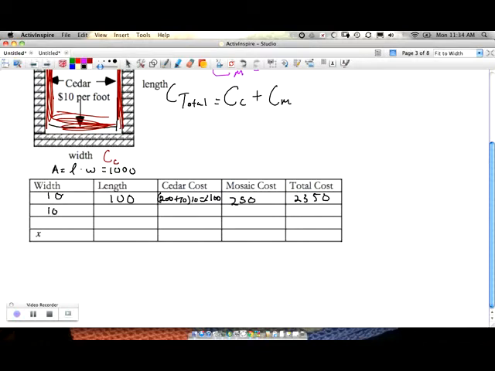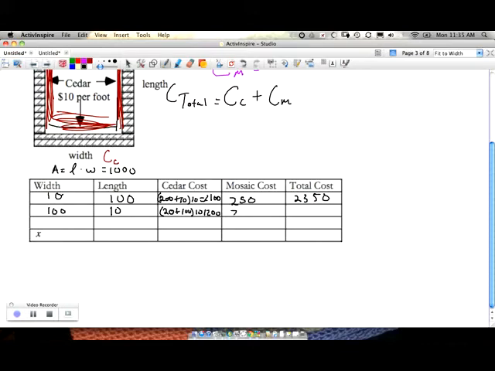Let's try another one. Let's flip-flop these. Let's say the width was 100 and the length was 10. So this is going to be 2 times the length, which is 20, plus the other one, which is 100, times 10. So that's 120 times 10, or 1,200.